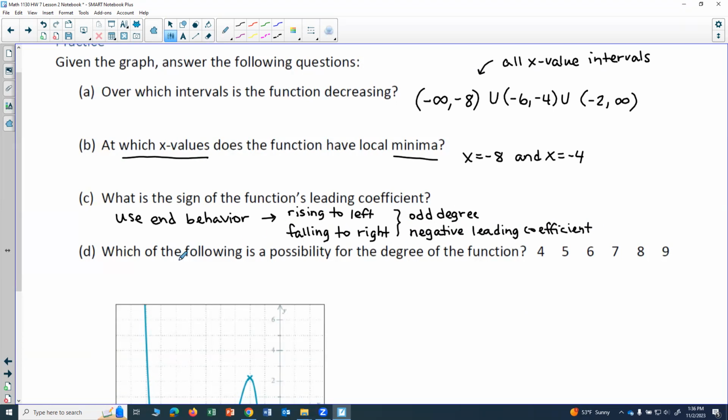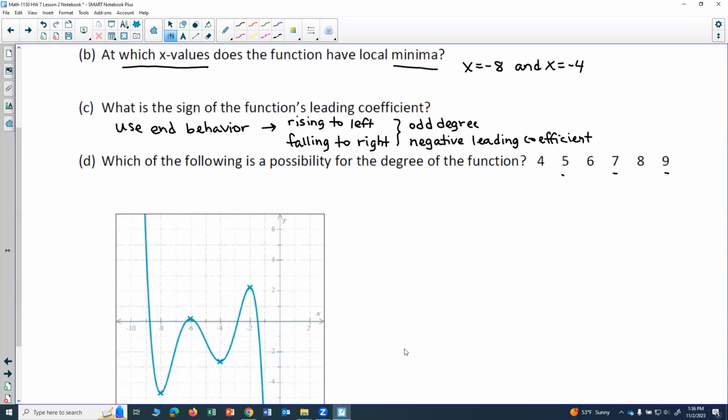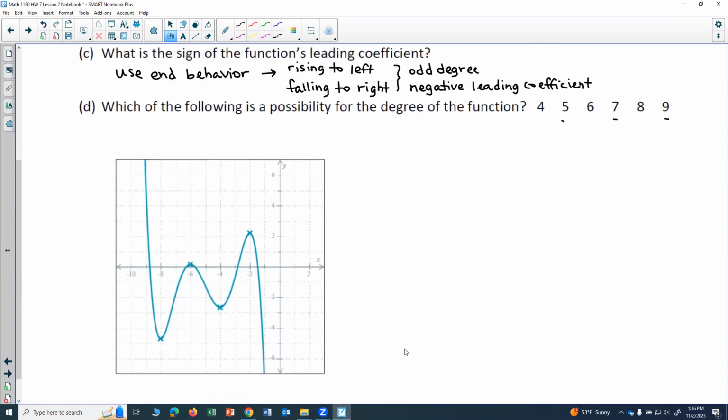All right, now the last part: which of the following is a possibility for the degree of the function? So we know it has to be odd, so it could either be 5, 7, or 9. And then we have that rule that if you have n local extrema, then the degree has to be n plus 1 or higher.